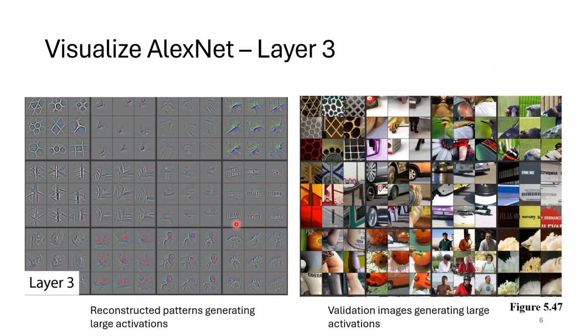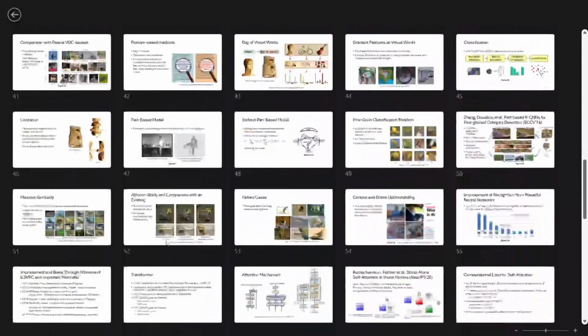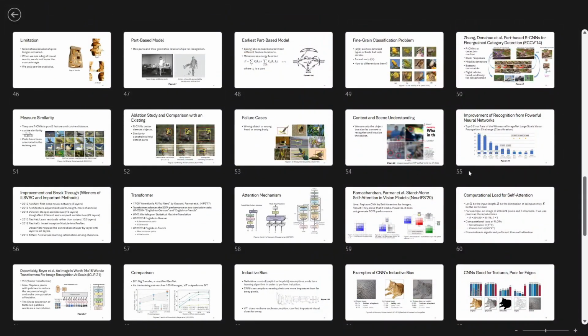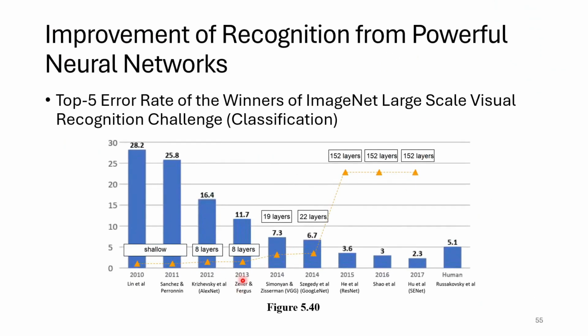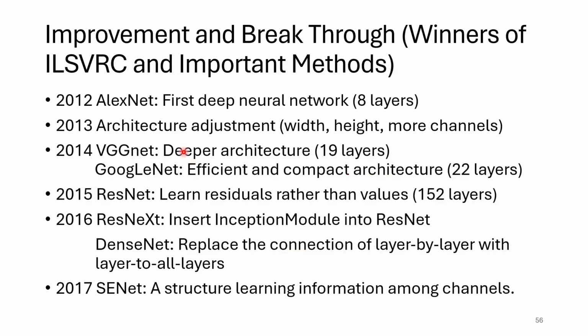And the two authors are also the winners of the ImageNet challenge in 2013. So what did they do? They just modified the architecture of AlexNet, added more channels, and changed the width and height of those layers.